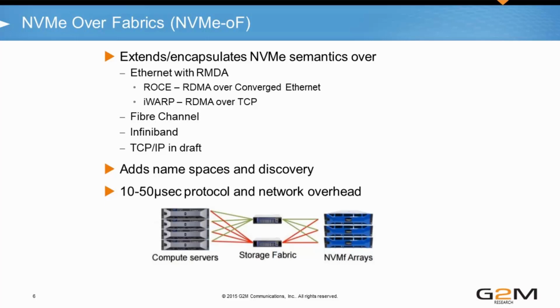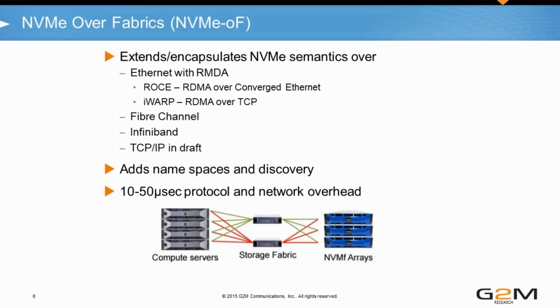NVMe over Fabrics today adds namespaces and discovery, some of the services necessary for running what we traditionally have called a SAN, but new generation vendors will, of course, object to that term. The basic takeaway is that NVMe over Fabric adds somewhere in the 10 to 50, and more likely in the 10 to 20 microsecond range from the compute server to the NVMe over Fabric array and back.